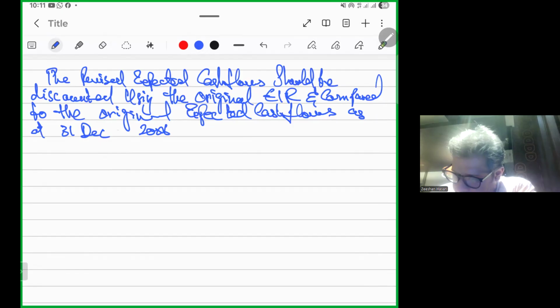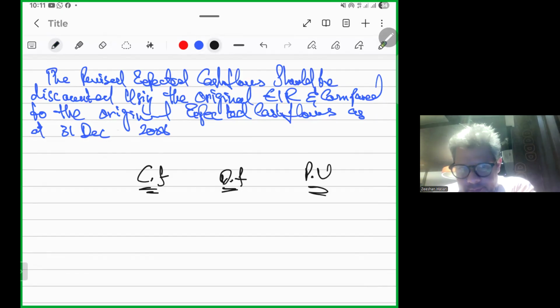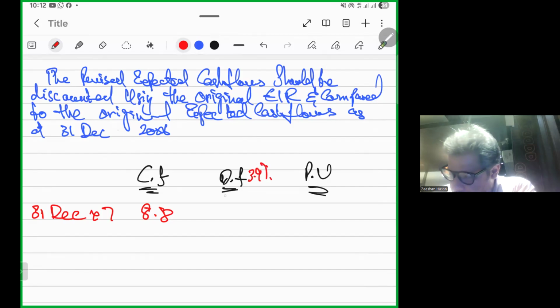So my headings: cash flow, the discount factor, the present value. For 31st December X7, 8.8 million at 3.9%, the discount factor for year one is 0.962 and the present value is 8.47 million.